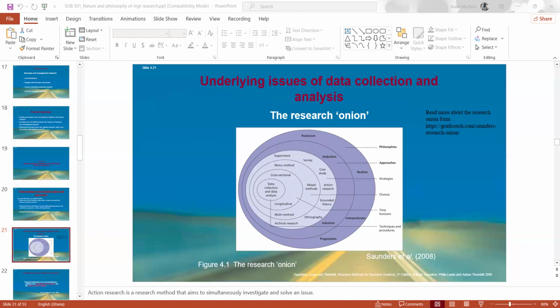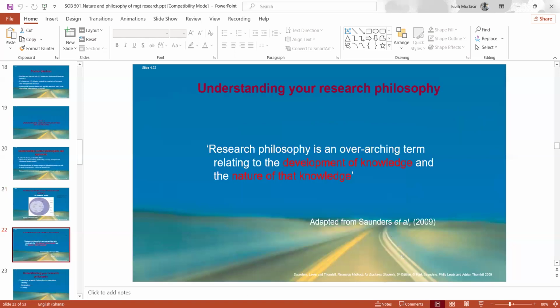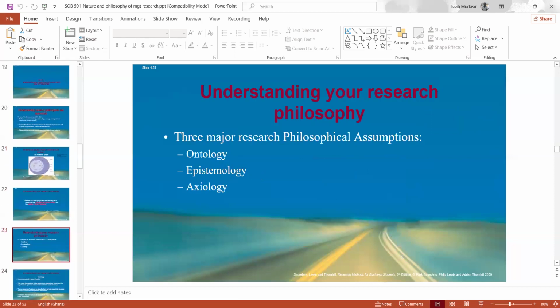So as a researcher, your philosophy must be clear. There are three major philosophical assumptions, but people usually add methodology.